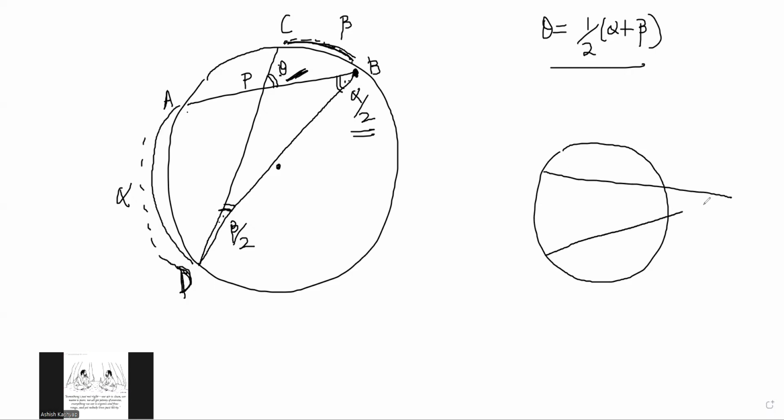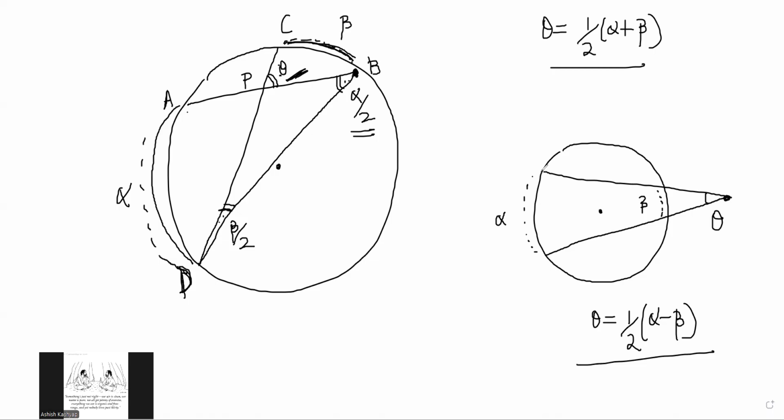Similarly, you can also show that if the chords are intersecting at a point outside, then the angle theta will be the difference between the arc measures. So if these arc measures are alpha and beta, theta comes out to be half of alpha minus beta. You can also try to prove this.